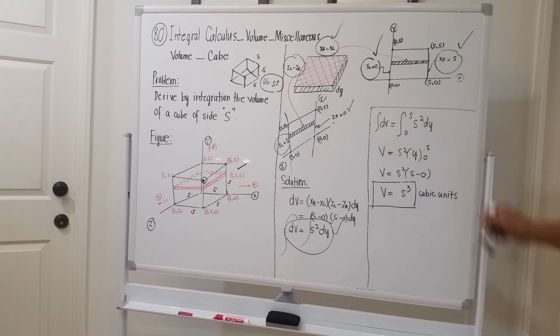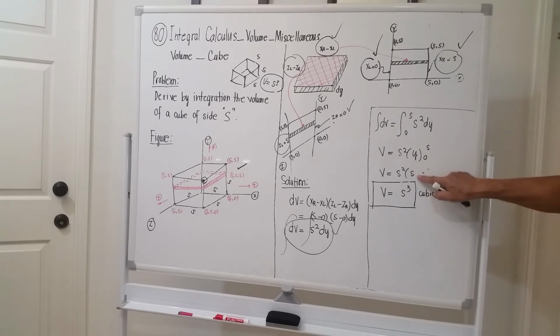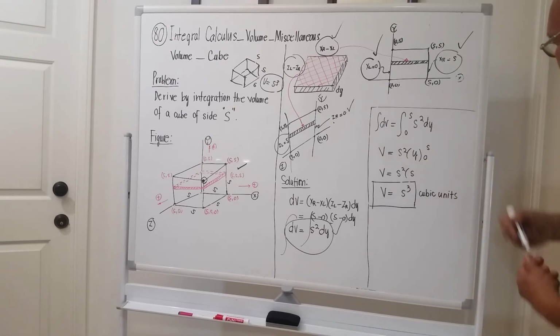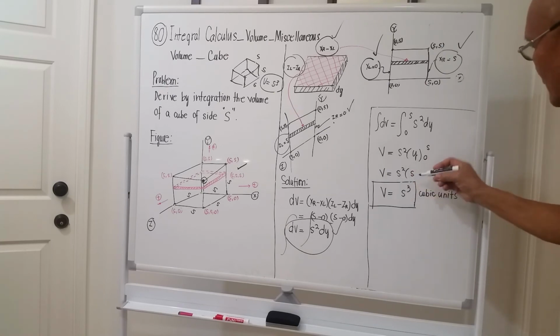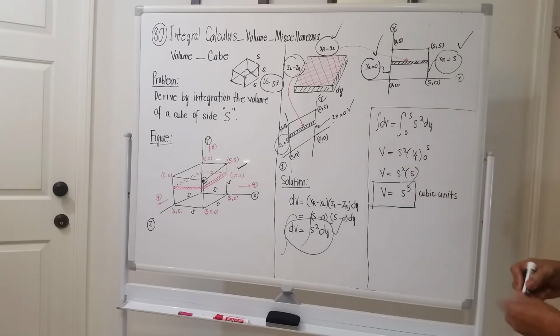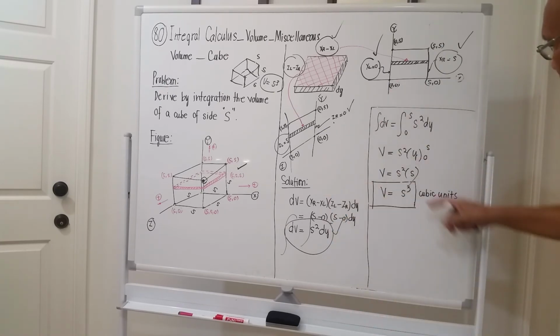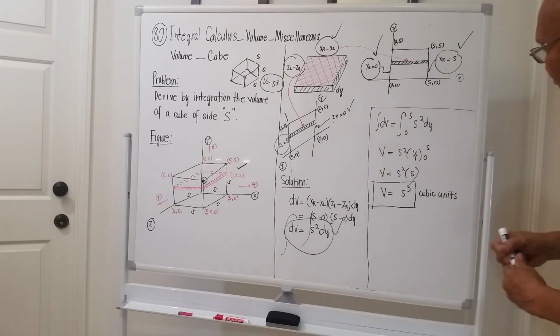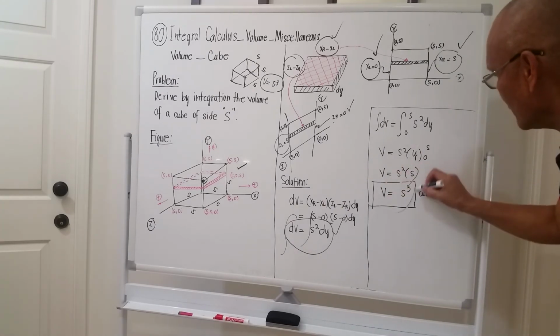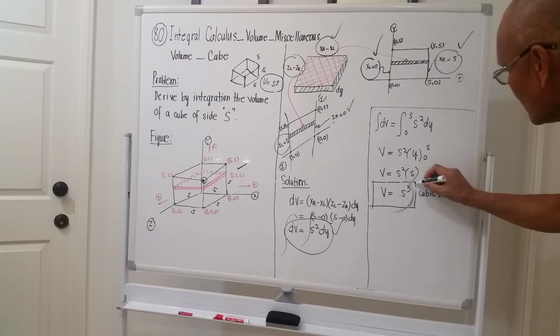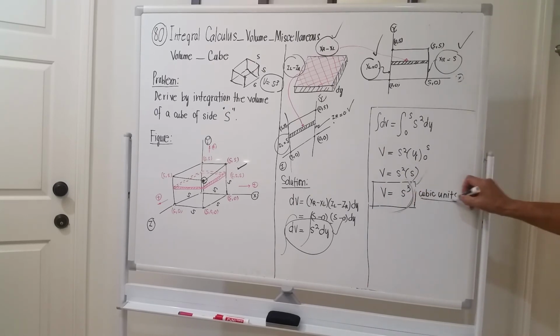Upper limit, lower limit, but the lower limit has no effect on the final formula for the volume, right? So the volume for a cube will be S squared times S, and actually the volume for a cube, as a general equation, is S cubed, cubic units.